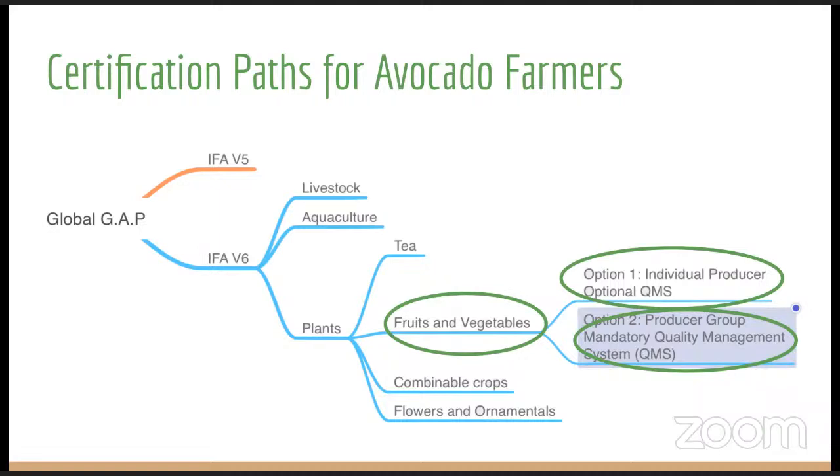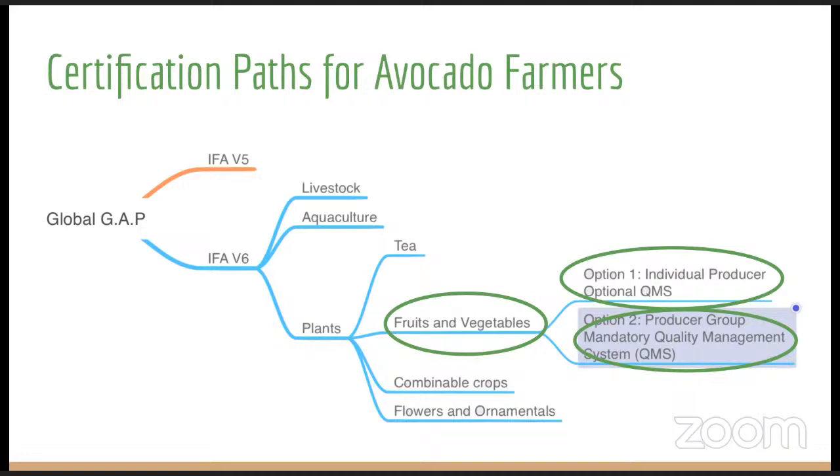So Global Gap supports what they call option 1 and option 2. Option 1 is you go as the individual farmer. So it's, I'm Mr. Daka, I have Tawaya Farms. I'll get this certification in my capacity as Tawaya Farms.